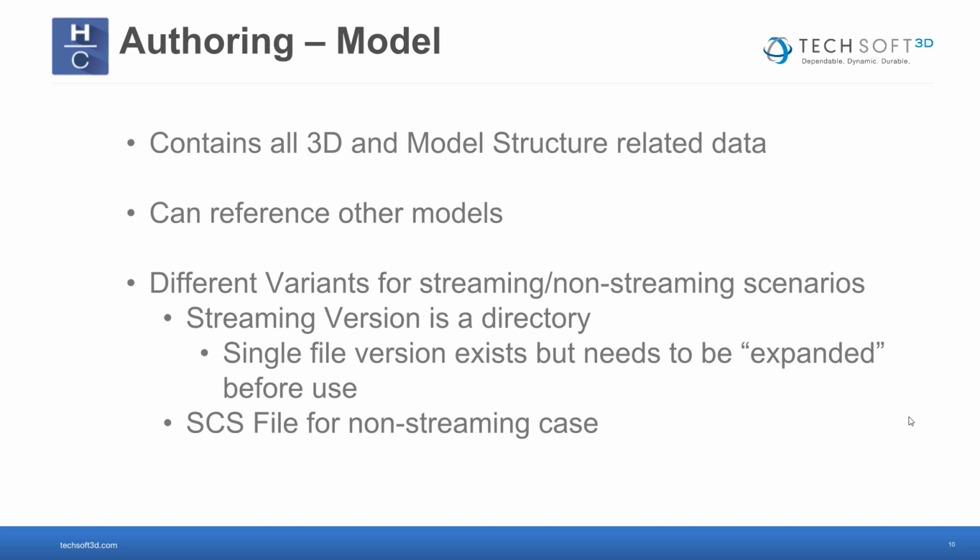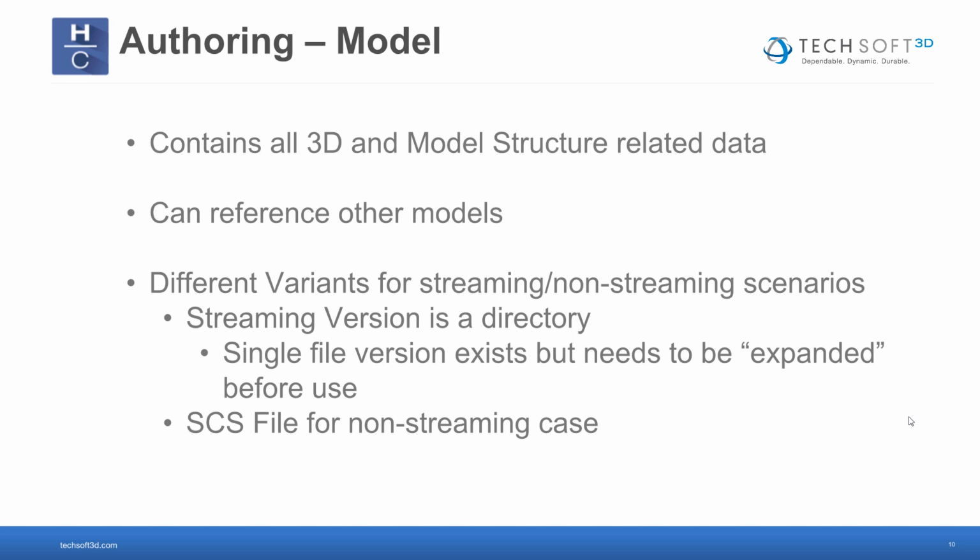However, once the file has been downloaded, you can still interact with the model by rotating it while it's still parsing that file. So the file has to be downloaded, parsing then begins, and you can still interact with it, but you do have to have that entire file downloaded.